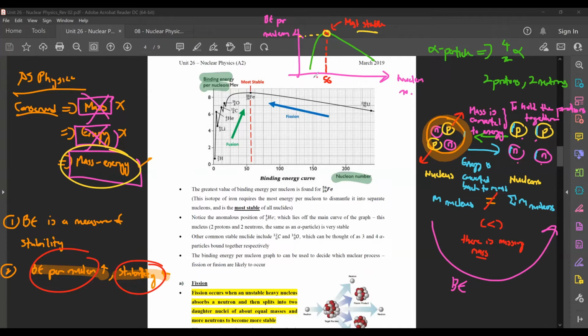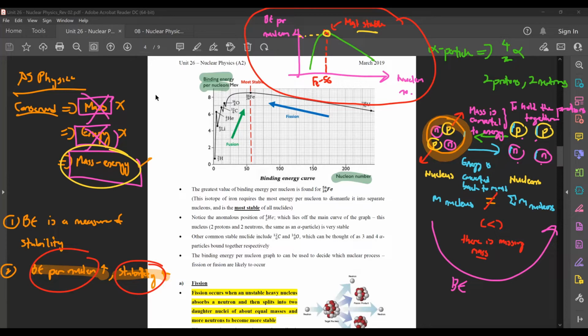This one belongs to ferrum 56. So you just really need to remember this general shape of your graph and where the peak is at. It is always at 56. Ferrum 56 is the most stable element. So later on, sometimes they may give you a question.